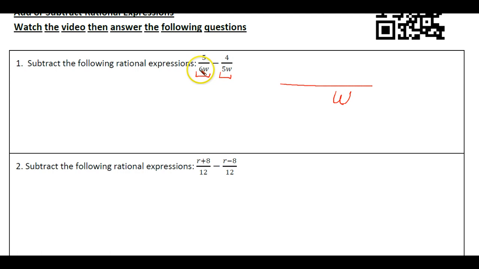And then for the 6 and a 5, what's our common denominator? Well, one way to get a common denominator is just multiply these by each other and you get a 30. And that happens to be also the lowest common denominator.